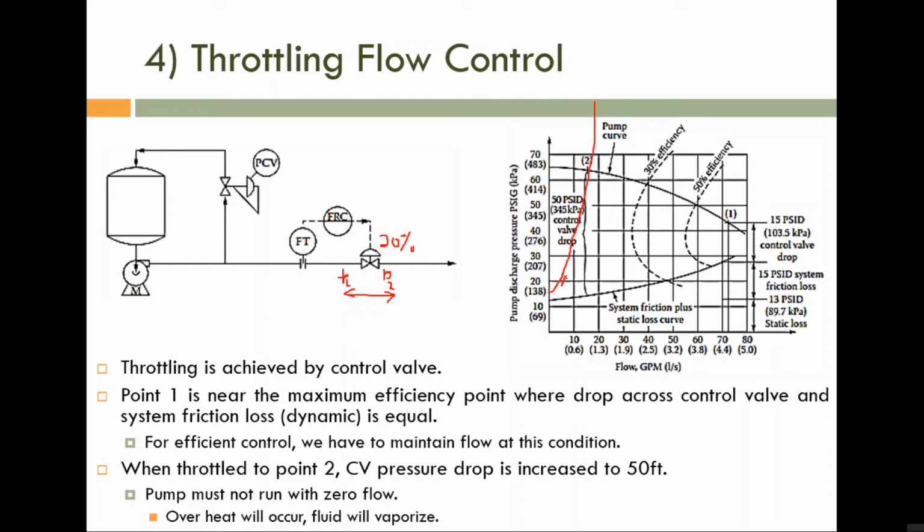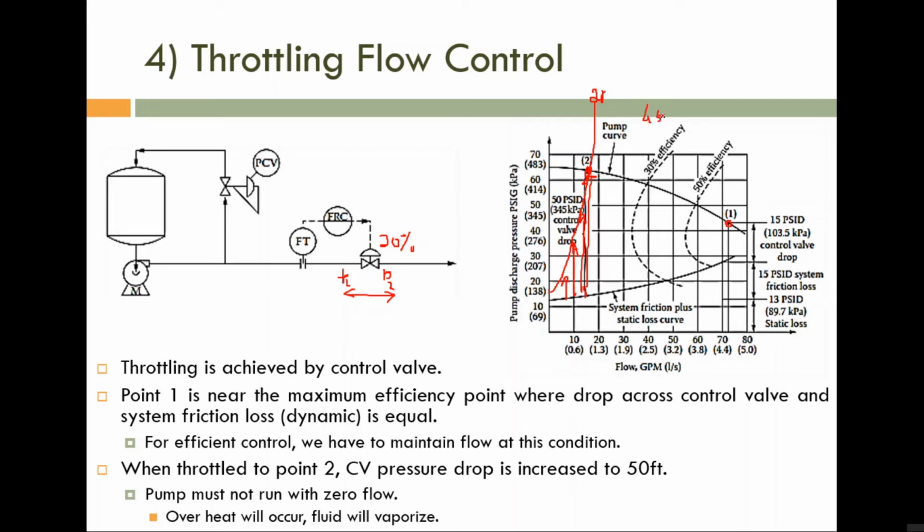This additional pressure drop is increased with respect to the closing of the control valve. So this is corresponding to 20% open control valve. So what is happening? Earlier this one is the operating point because the curve passed through this point. Now due to the closing of the control valve, the point is shifted to this point, where the drop due to the control valve is something around 60 minus 15, something around 45 psi.